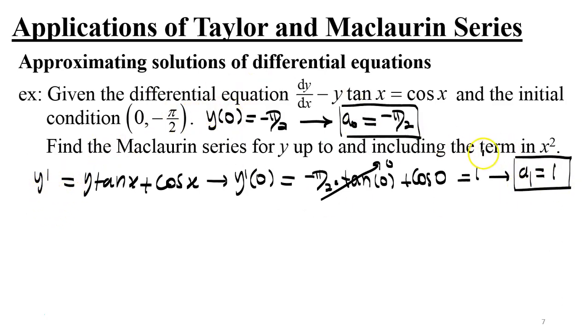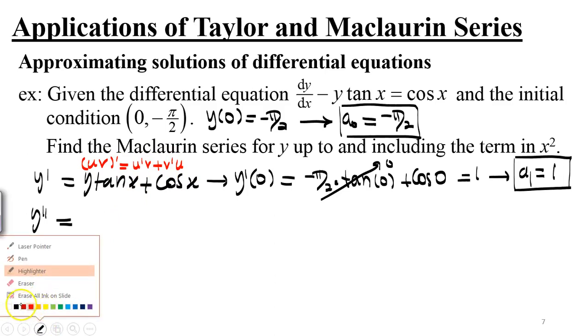Now, since I want it up to the term in x squared, I still need to find the second derivative. So if this is the first derivative in terms of y and x, what I would do is find the second derivative by differentiating this expression with respect to x. So y times tan x, we can see this as a product, in the form u times v, where the derivative is u prime v plus v prime u.